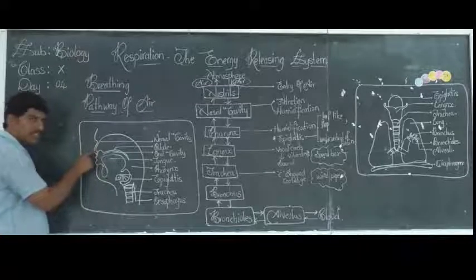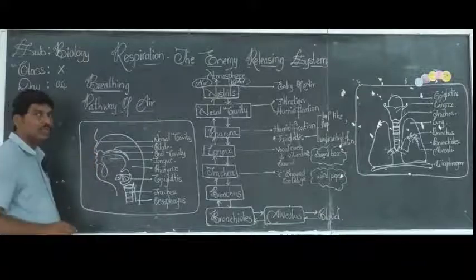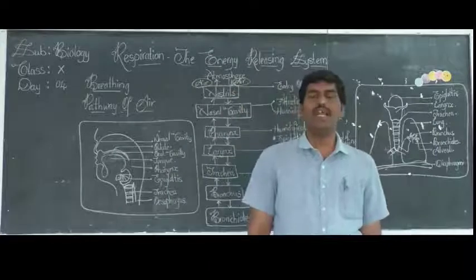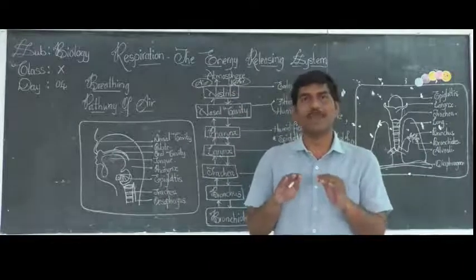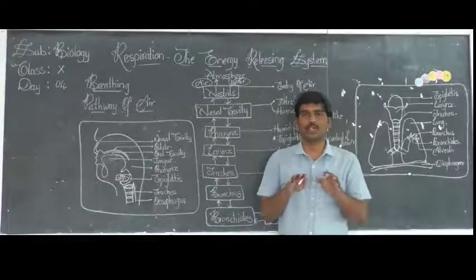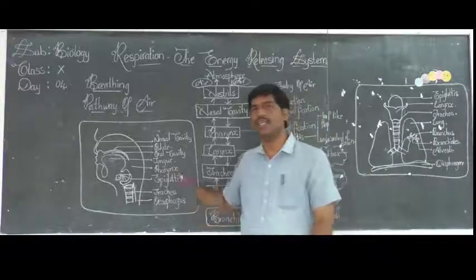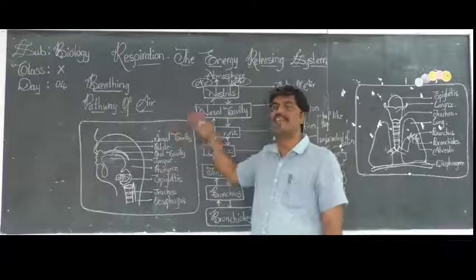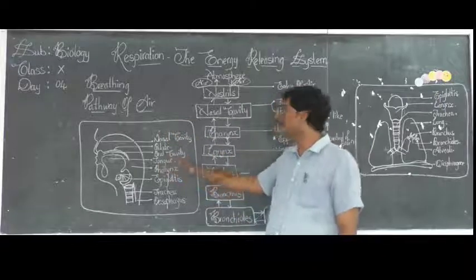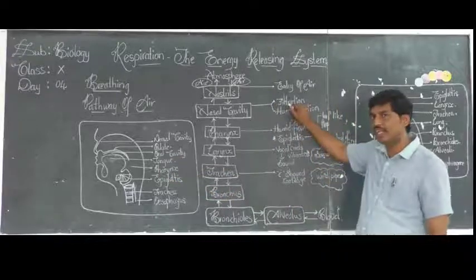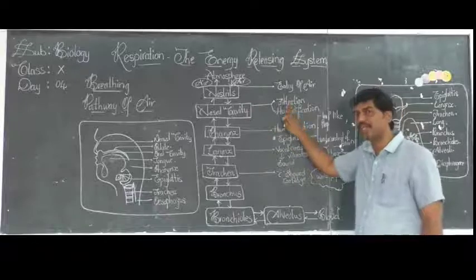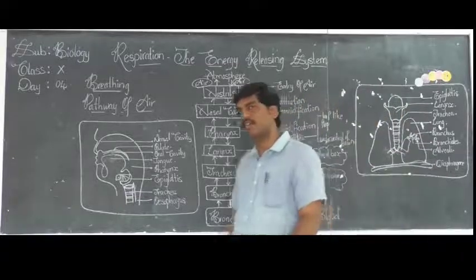From the walls of this nasal cavity, fine hair-like structures come out. These hairs trap the dust particles, foreign organisms or any other dirt particles, and prevent their entry further. So the nasal cavity plays an important role in filtration of air.